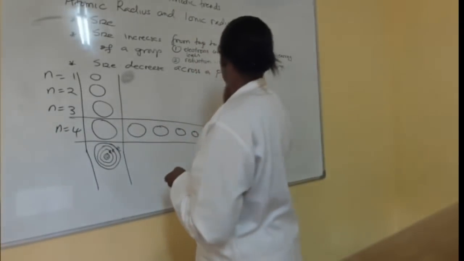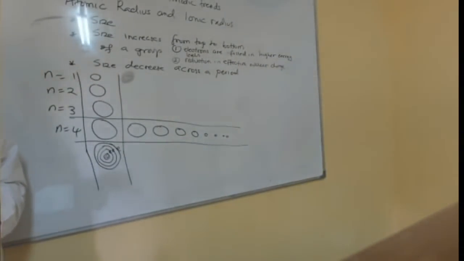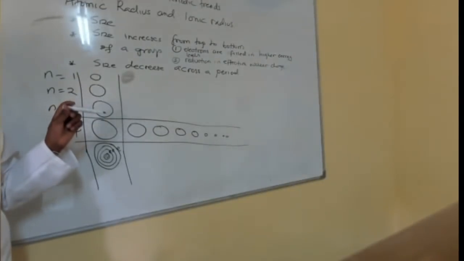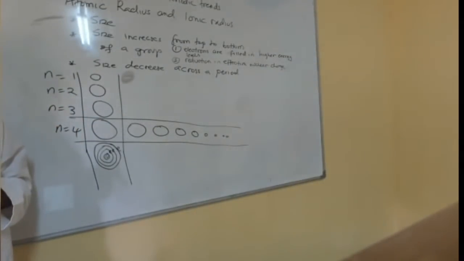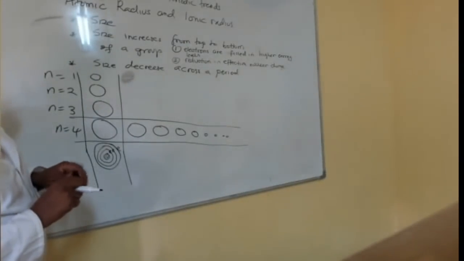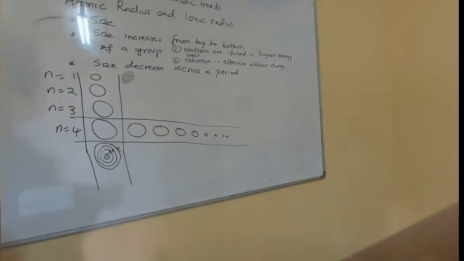So effective nuclear charge is basically the force of attraction or the nuclear force an electron will feel, compared with the force of attraction the nucleus would exert in the absence of the inner electrons.